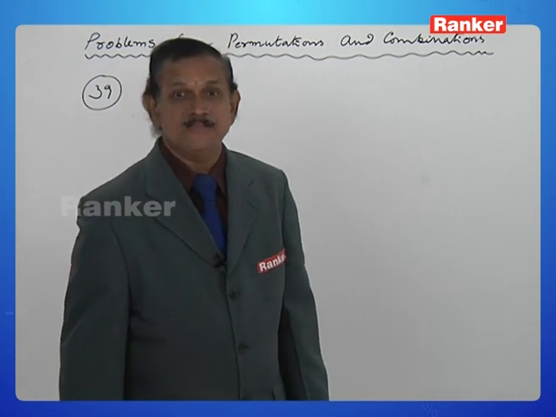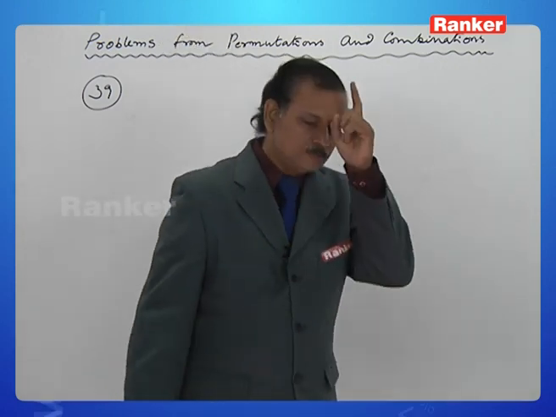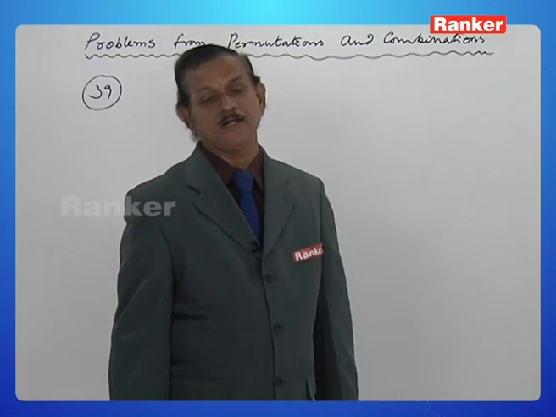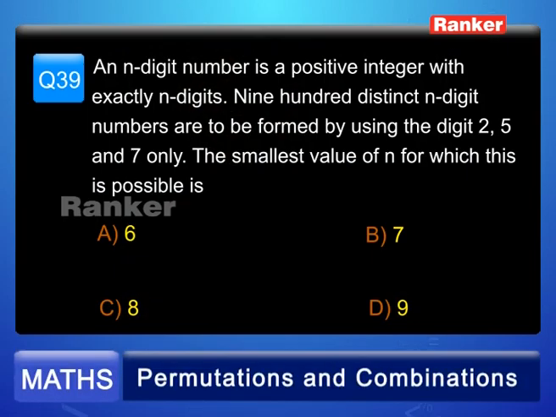How many digits are there to be used? 2, 5 and 7 only. The smallest value of n for which this is possible is: option A is 6, option B is 7, option C is 8 and option D is 9.